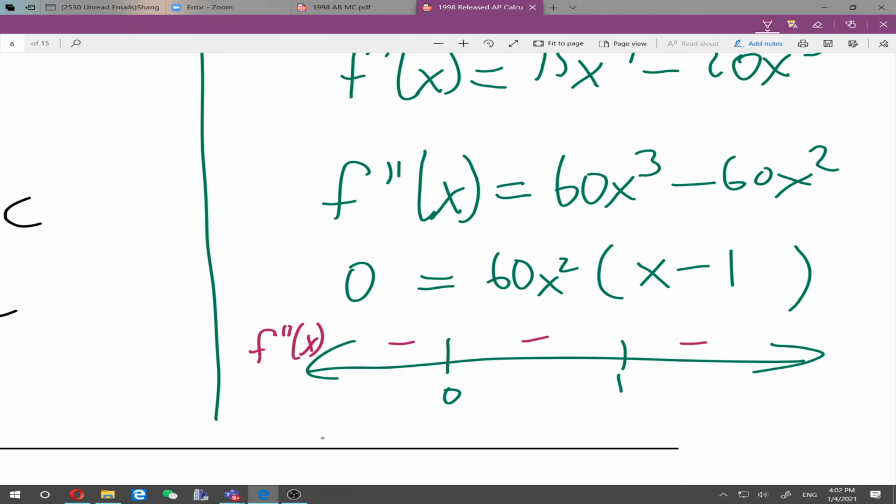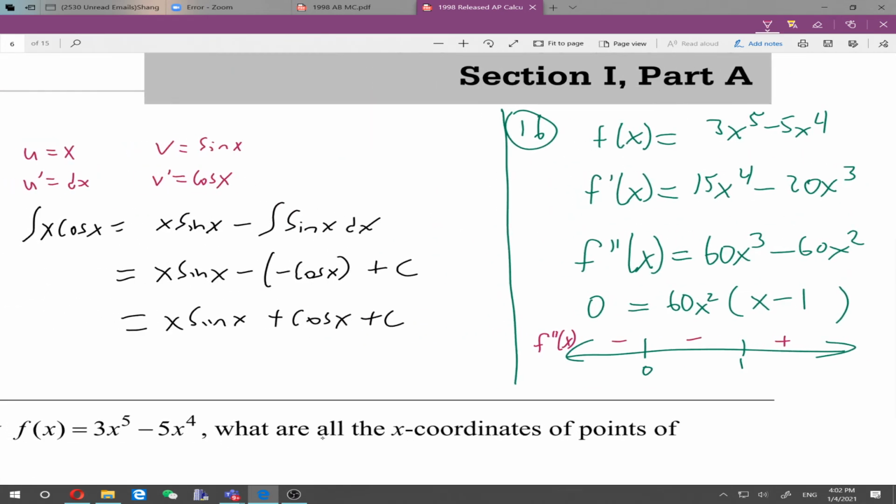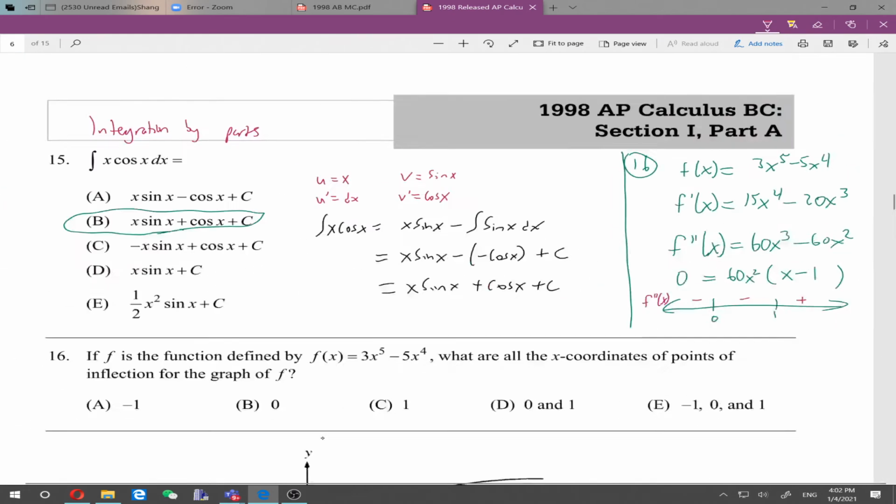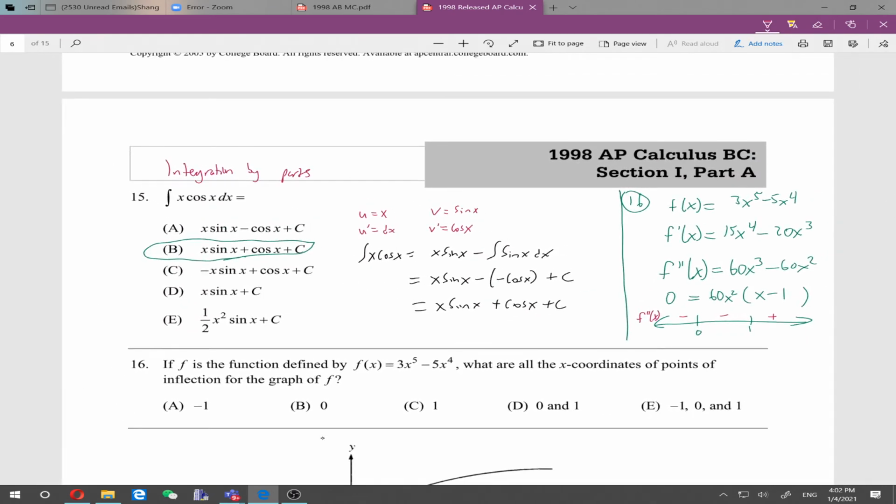Positive. Okay, so even though there were more than one point where our second derivative was 0, we only have one point of inflection at x equals 1. That's because our sign did not change around 0. So for 16, our only point of inflection is at x equals 1.